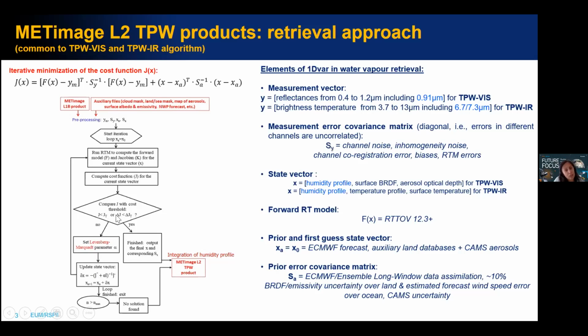If the cost function is above the threshold, then the state vector is adjusted by a given delta, and then the forward model is run again with this adjusted value, and so on until convergence is reached. Finally, when convergence is reached, from the final state vector, we extract the humidity profile, we integrate it, and we retrieve the total column water vapor.